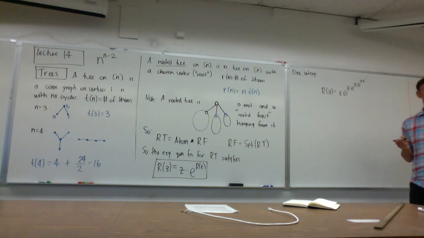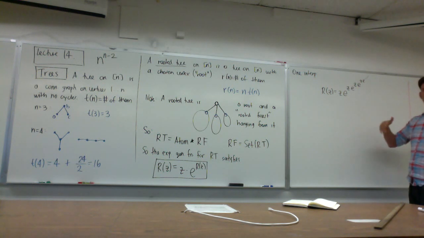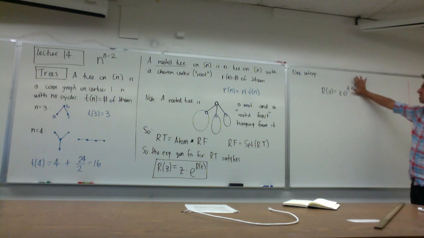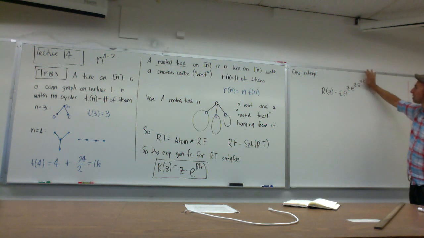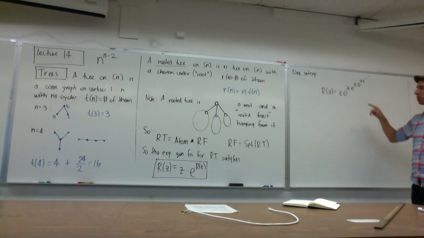But actually, this makes perfect sense in formal power series, because every time we're just taking the exponential of something that starts with z, we can always do that. Now, what exactly does this equation mean? It means that if you take the limit of z e to the z, then z e to the z e to the z, and so on, then that sequence of power series converges, and it converges to this.